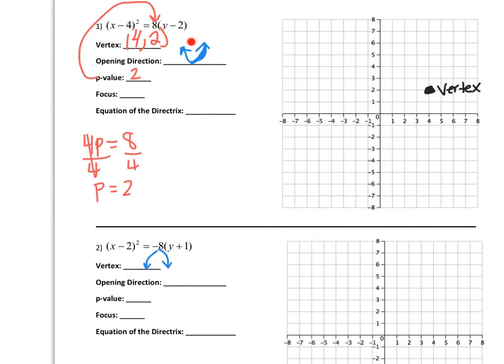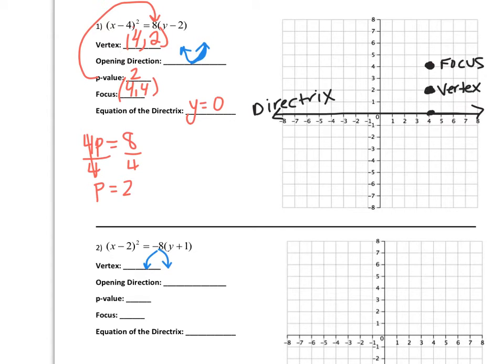And since the parabola is opening up, we know that 2 above is going to be the focus, and 2 below is going to be the directrix. And then we can label my focus as (4, 4). And my equation of the directrix is y equals 0.